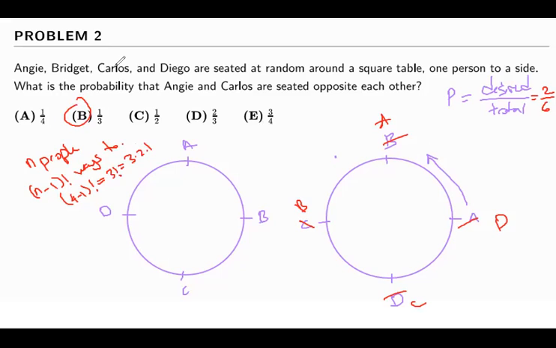So again, if you have a circle, the number of ways to arrange this would be n minus 1 factorial. If you are asking why this is the case, it is because if you have this A right here, and then B is seated like that, you can always rotate it. Like you can get this A right here, B right here, C right here, D right here. So you can rotate it to get the same picture. Regardless of how you start, you can always rotate it and get exactly what you are trying to get.